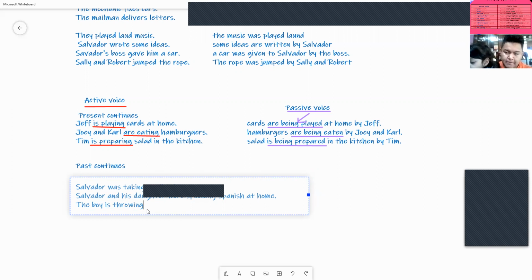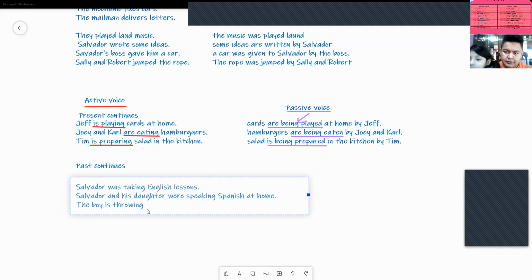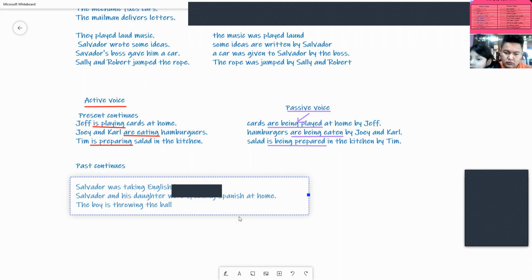The boy is throwing the ball in the park.